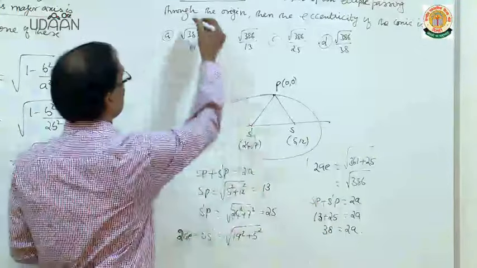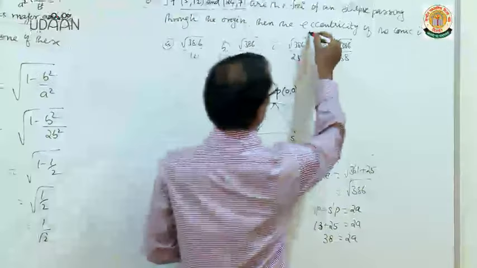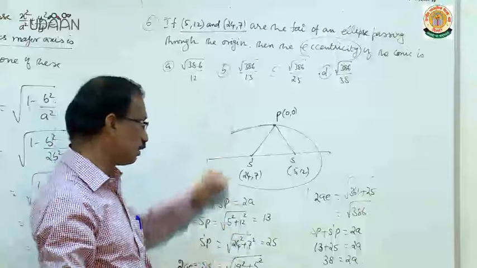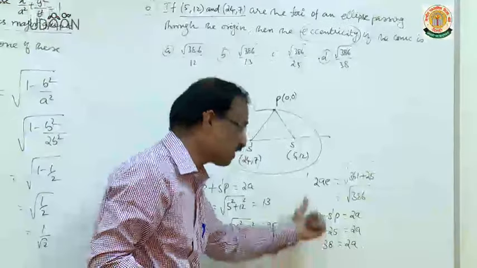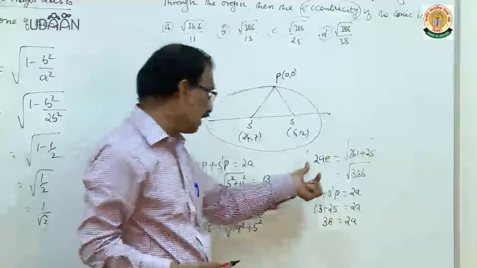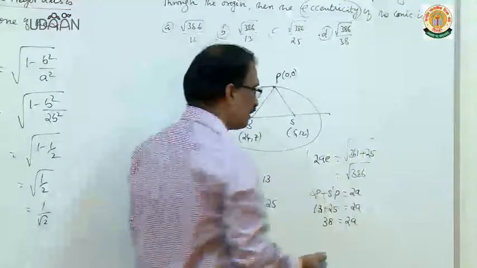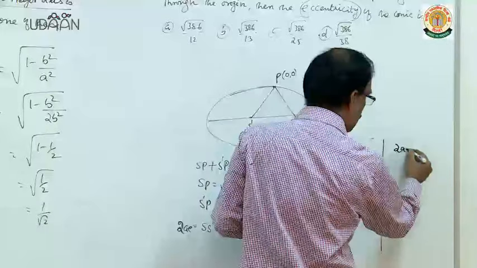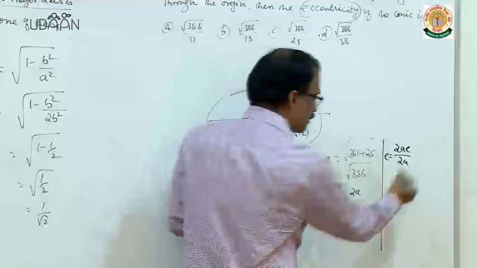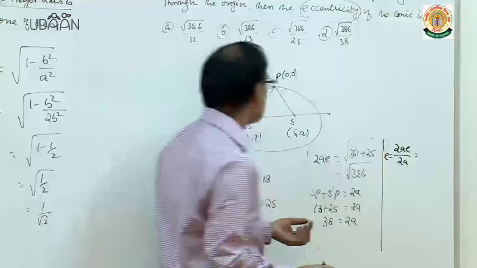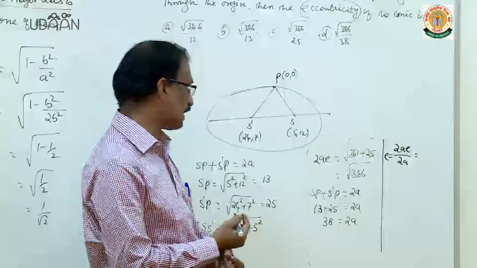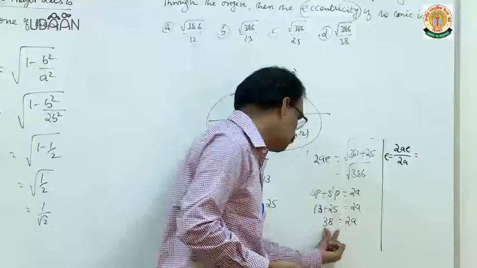What do we have to find from this? The eccentricity of the conic. How can we find it? 2AE upon 2A. So what do we get from 2AE upon 2A? That gives us E. 2AE is root of 386, and 2A is 38.